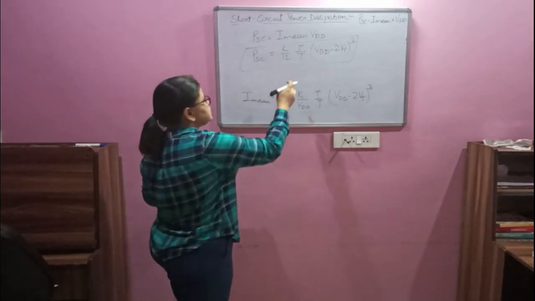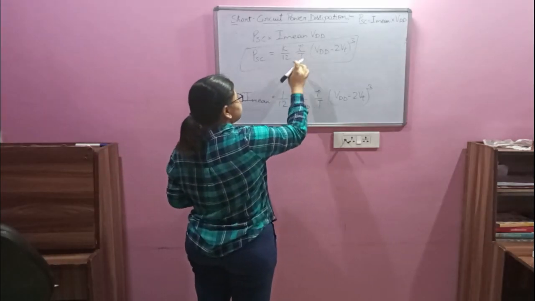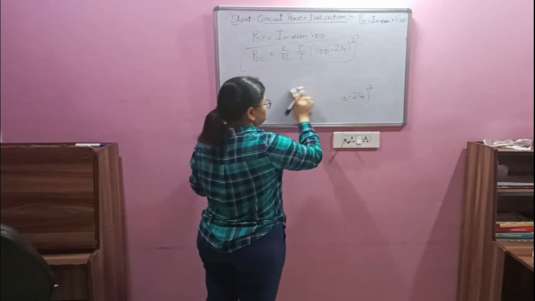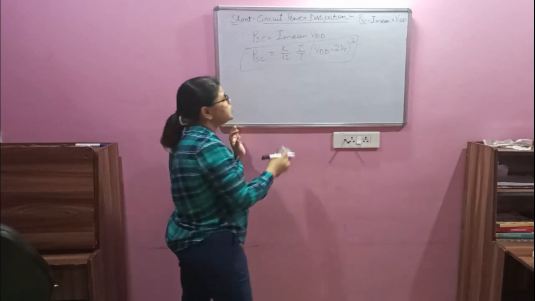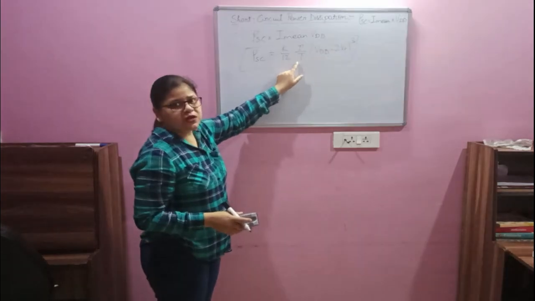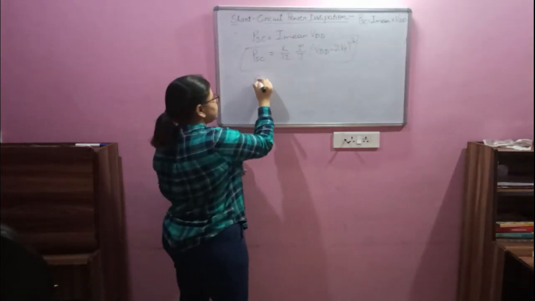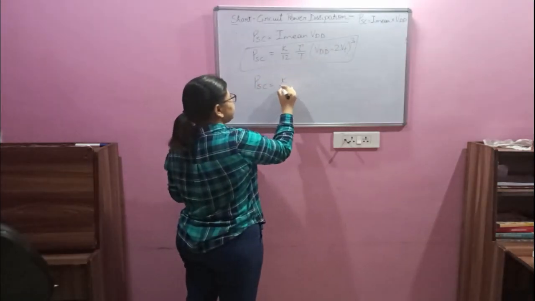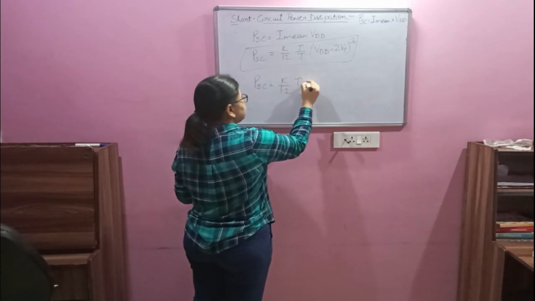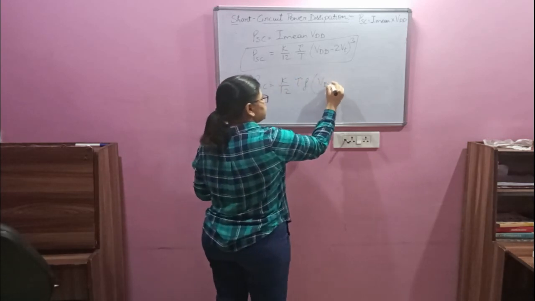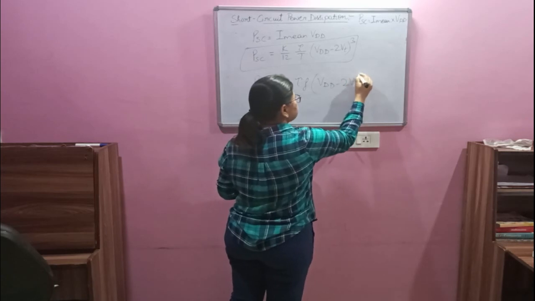Basically this T, if I invert it, it is the time period of an input signal. So if I invert it to the frequency, it will be written as K by 12 into tau into F into VDD minus 2VT whole cube.